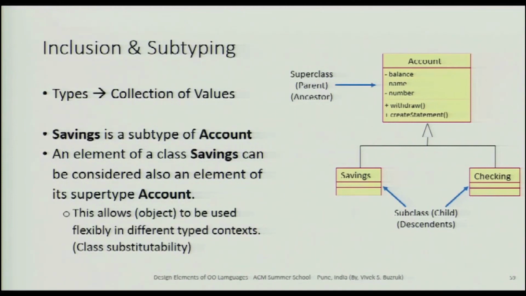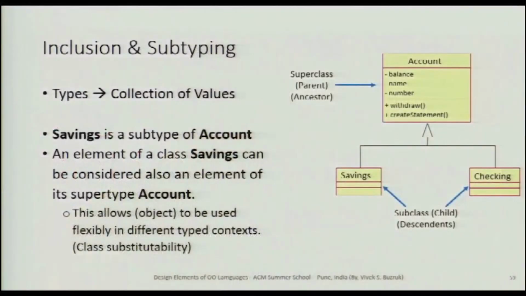But what will happen if I define an array of account and an array of savings? Can I now say that an array of savings is also an element of array of account? Is it?